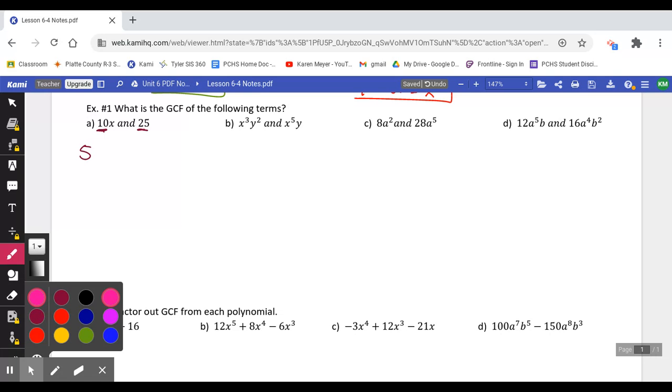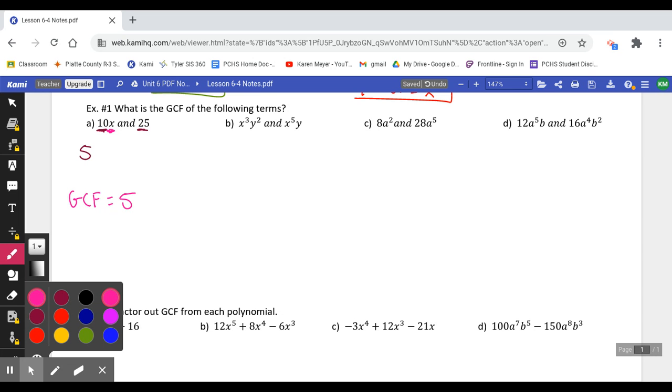Now, does each one have a variable? This one has an x and this one has no x's. So they don't have any x's in common. So we can't call x a GCF. In our case, our GCF would only be the fact that each coefficient is divisible by 5.